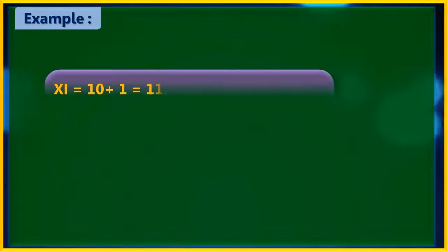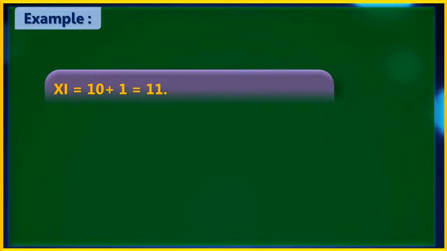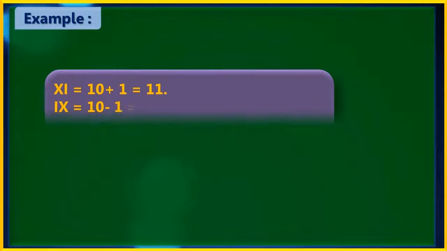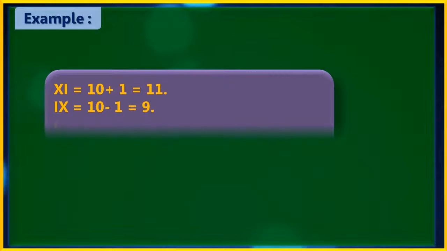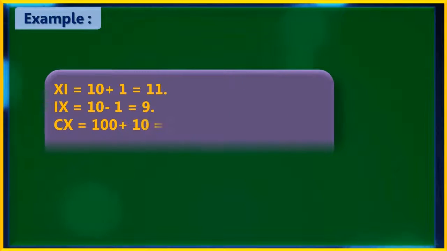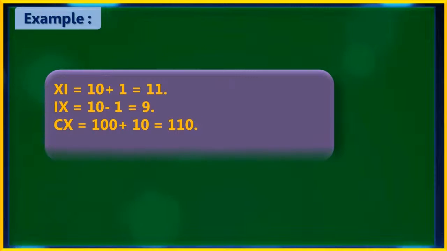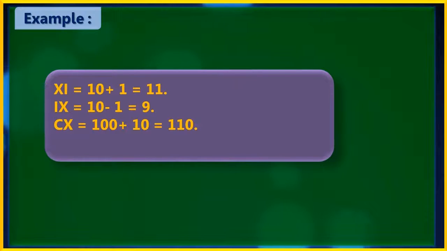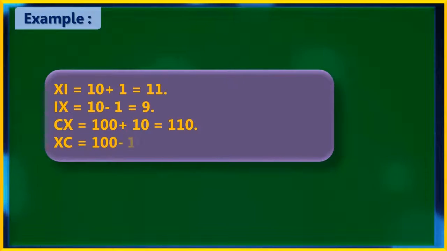Roman numeral IX is equal to 10 minus 1, which is equal to 9. Roman numeral CX is equal to 100 plus 10, which is equal to 110. The Roman numeral XC is equal to 100 minus 10, which is equal to 90.